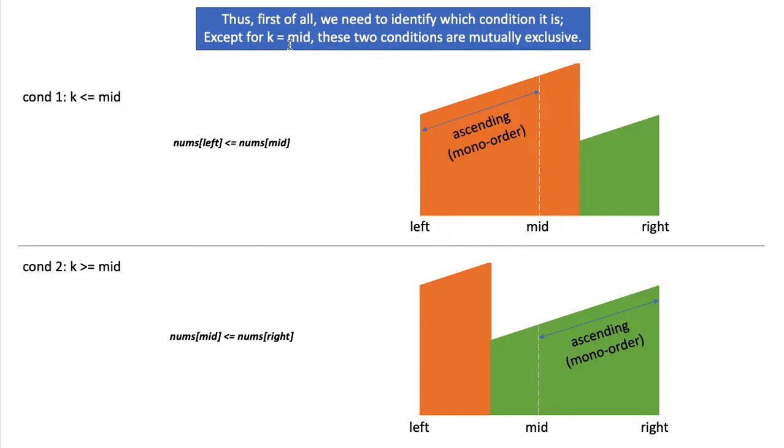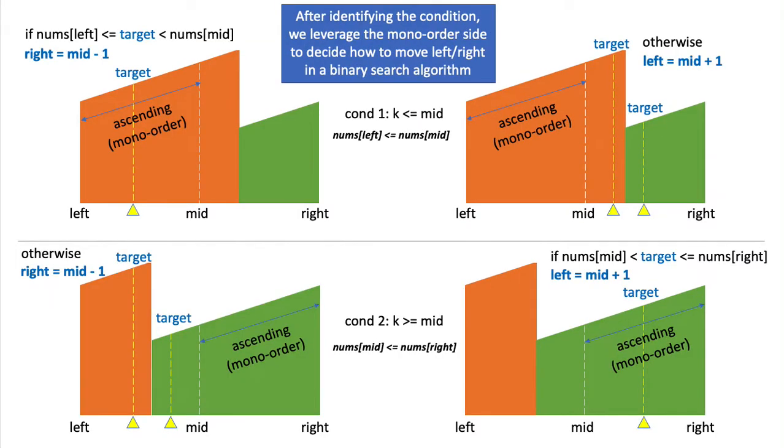You can also see that except for k equals to mid, these two conditions are mutually exclusive. After we identify the condition, we can then leverage the mono-order sign to decide how to move left or right in a binary search algorithm.